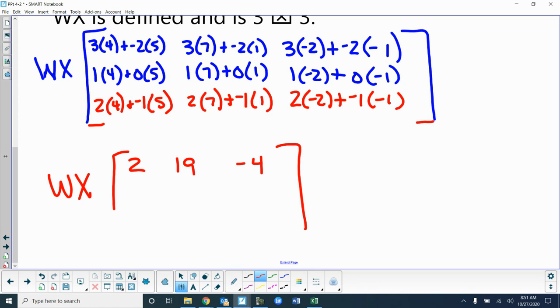You okay with the top row? 4 plus 0, 7 plus 0, -2 plus 0. 8 minus 5, 14 minus 1, -4 plus 1. Questions? You follow that?